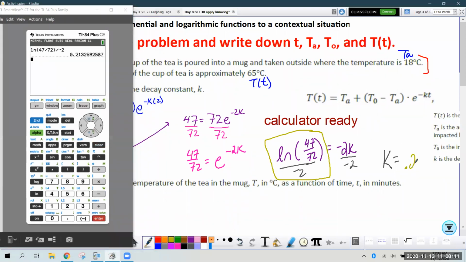K is 0.213. I don't like the way that's written. Sorry, guys. 0.213. There we go.